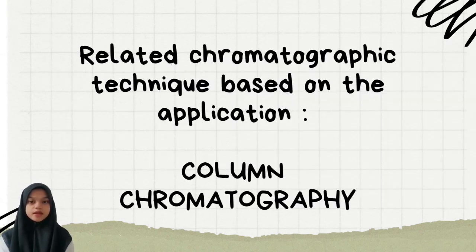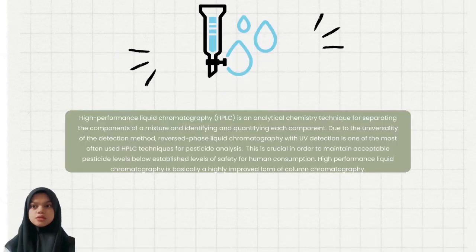Related chromatography techniques based on the application. To detect pesticide in a food sample, we use column chromatography, high performance liquid chromatography, HPLC.